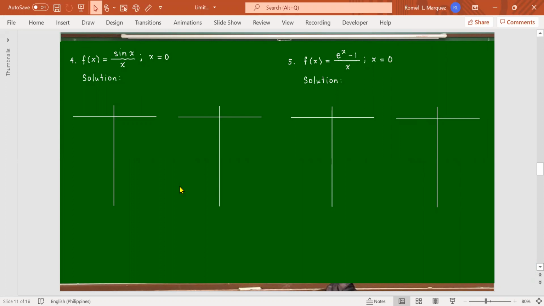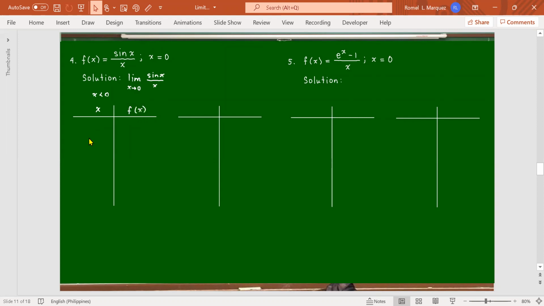For number 4, we want to know the limit of sine x over x as x approaches 0. Okay, so that's what we want. So let's start with values of x close to 0 but to the left of 0.